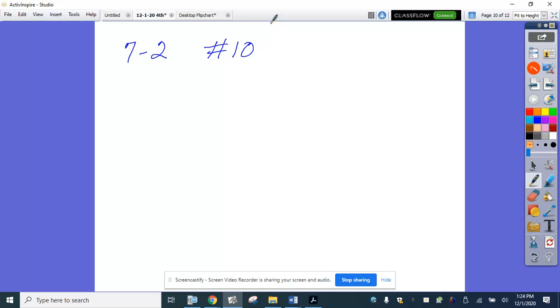Okay, so on these, remember we said we always need the mean. We always need the standard deviation. We always need n, and in this case, we need t sub alpha over 2. Okay, so we got to read the problem. I believe on this one we had to put the numbers in the list.